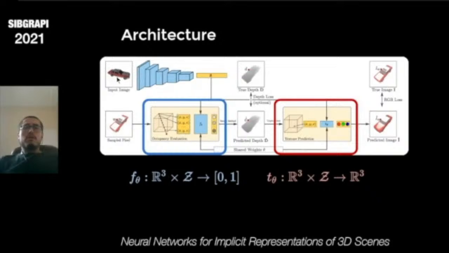Why the encoding? Because in the single view case, they will train this network on several different images and objects, maybe a class of cars, or maybe several classes together, like planes, chairs, tables, stuff like this. And then they expect that with a single view, you would be able to learn 3D geometry and coloring of the object.